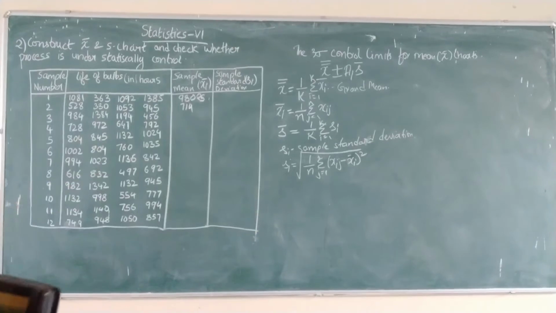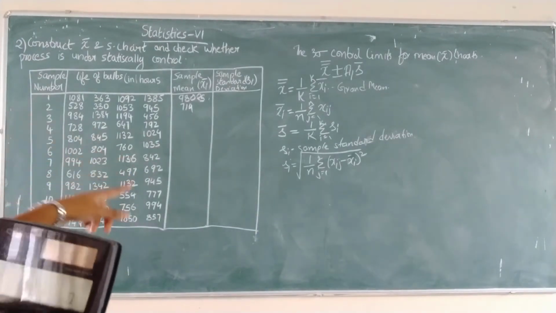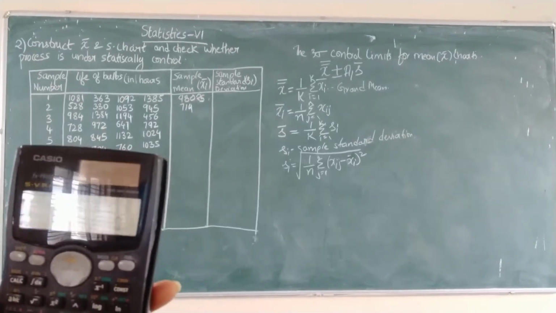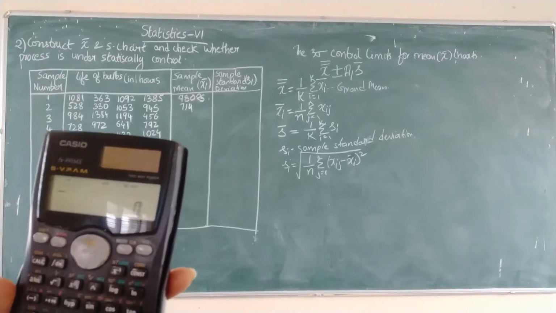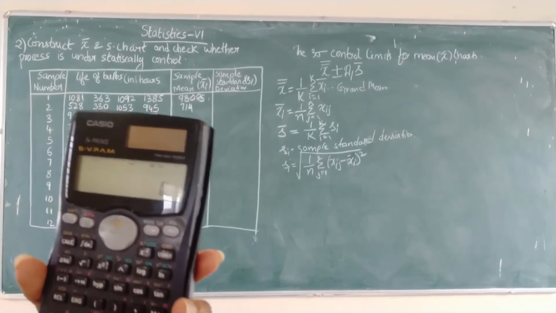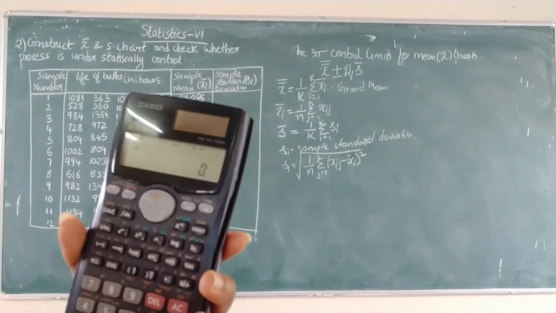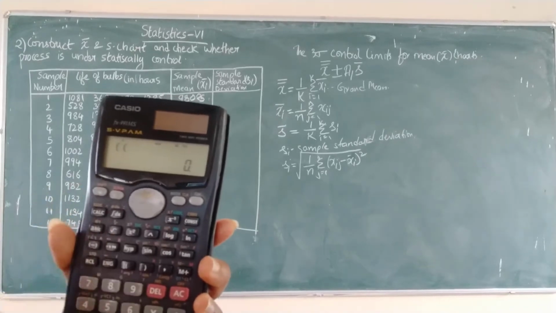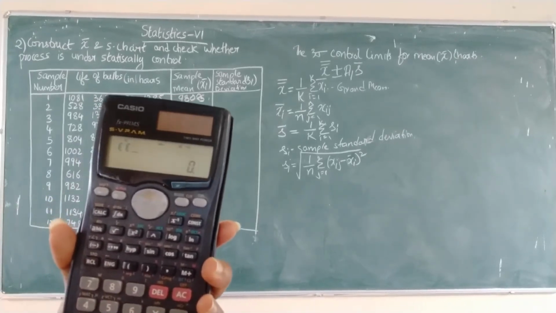Now I will show you how to find the standard deviation. Standard deviation means root of 1 by n summation Xij minus Xi bar, you can see the formula on the board. First find out the value under the root, then you can apply the root to that answer. So first open two brackets, where the first one is for dividing by the denominator. In the numerator, what am I having?